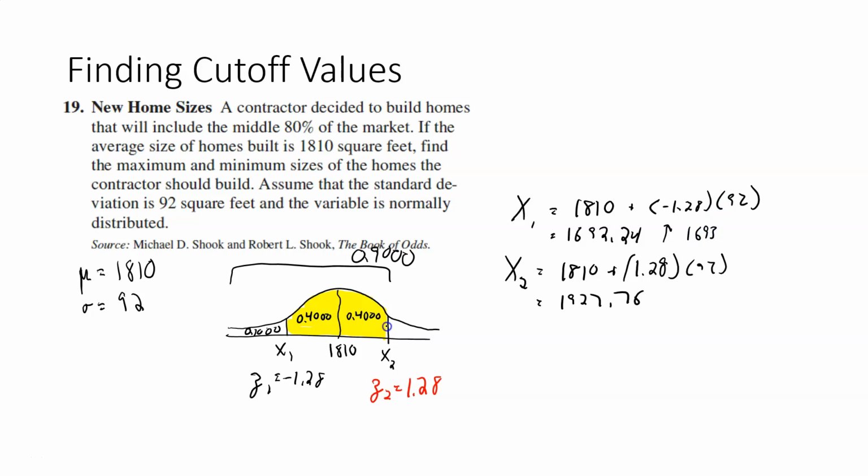If I round up to 1928, I'm going to end up in the white. I want to round so that I'm in the yellow, so I round down to 1927. So my acceptable range is 1693 to 1927 square feet.